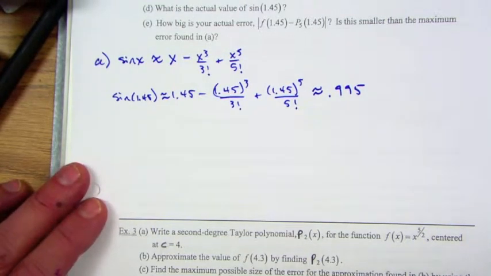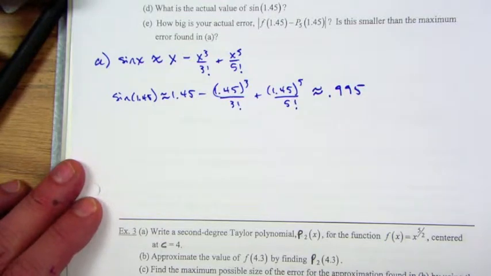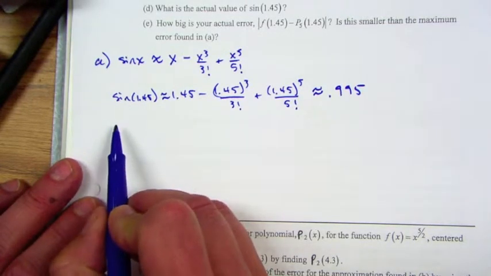It says use your answer in part A to find the interval on which sine of 1.5 must really lie. So what are you going to have to calculate first? The error.